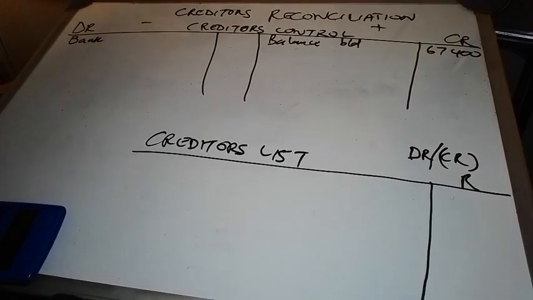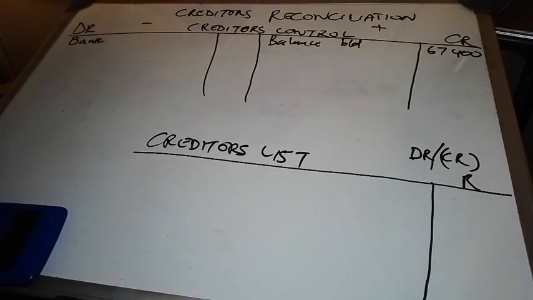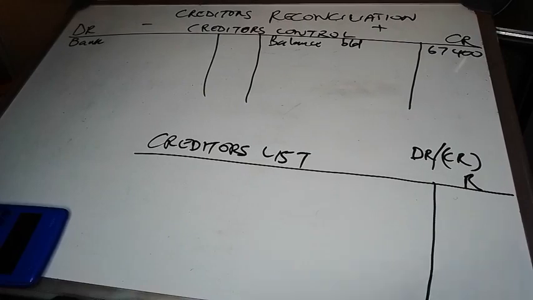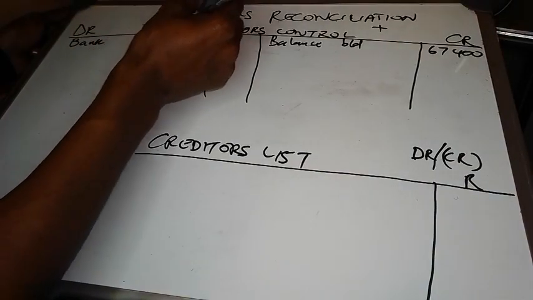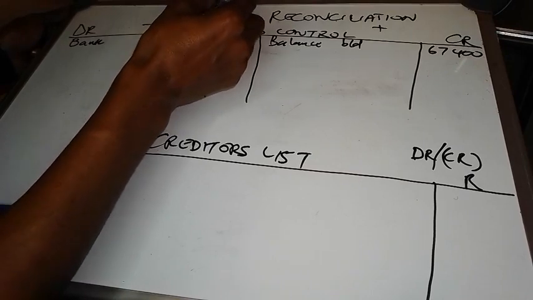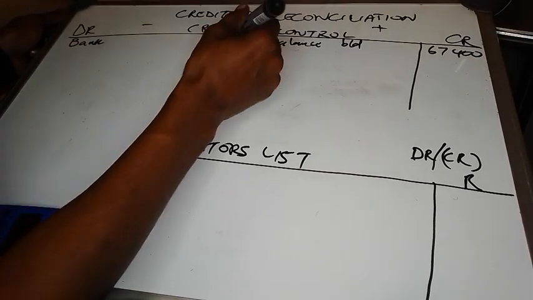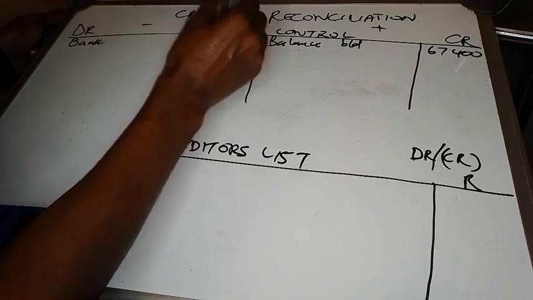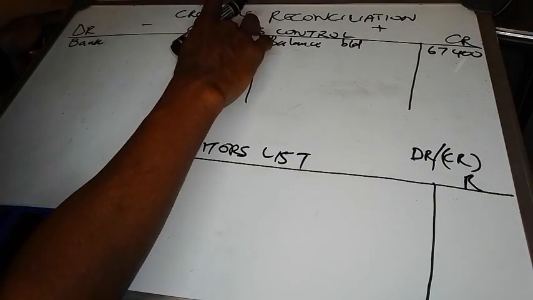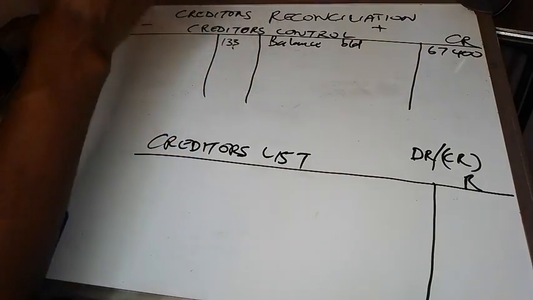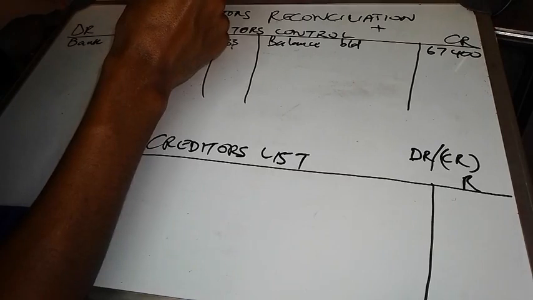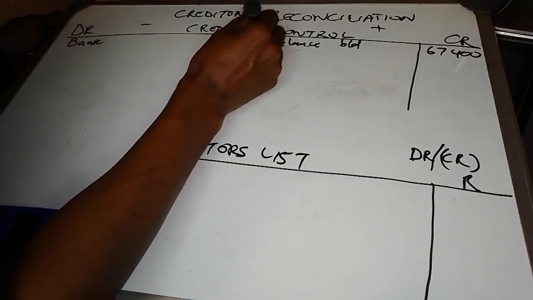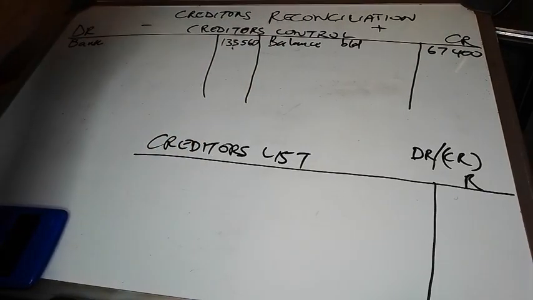The amount that we're going to debit is how much? It's 133,560, right? So that's your bank.